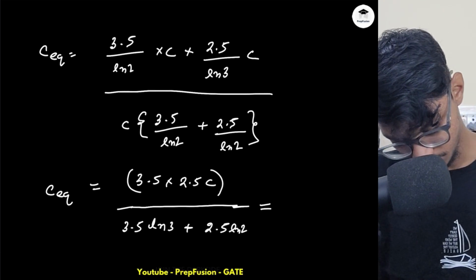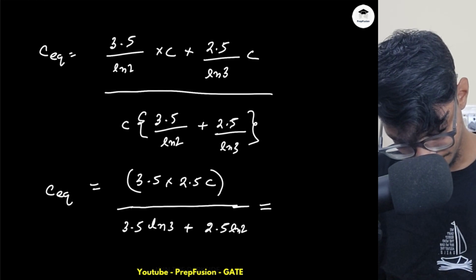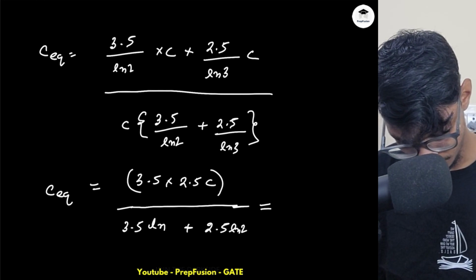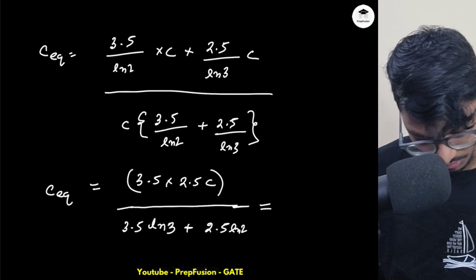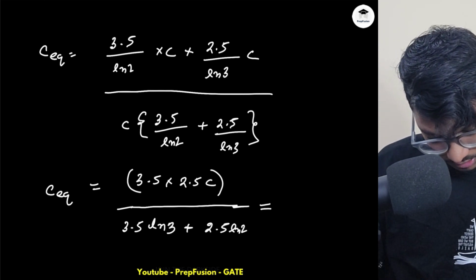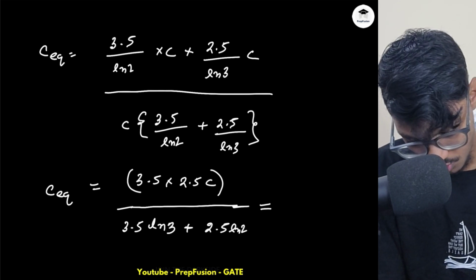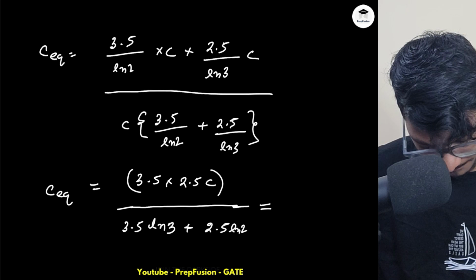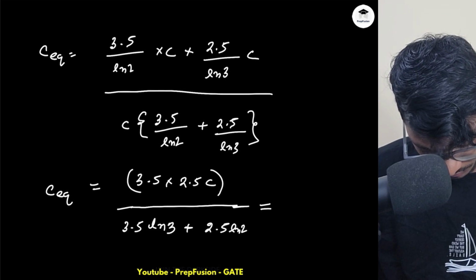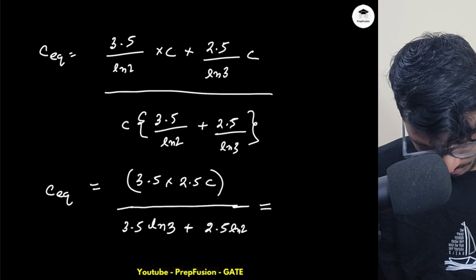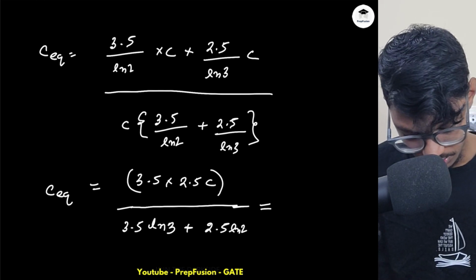This should be ln 3, and this is ln 2. So ln 2 into 2.5 plus ln 3 into 3.5, into 3.5 into 2.5.